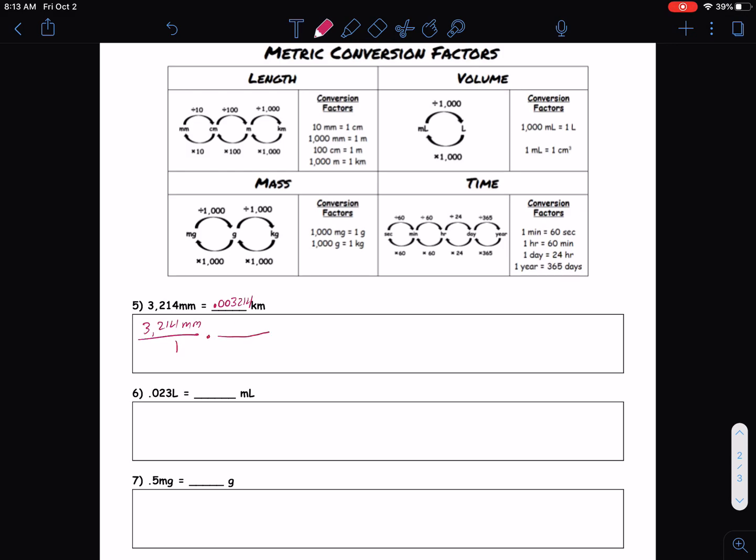So there'd be 2 ways you could do this. I'm going to show you both. One is you could turn millimeters into centimeters. The millimeters cancel. And then you could turn the centimeters into meters. We have 100 centimeters equals 1 meter.